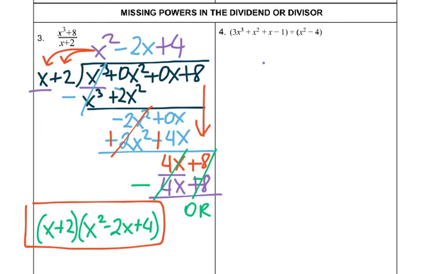Now in example 4, the missing power happened to be in the divisor. So we need to substitute 0 for any missing power. My divisor is x squared. It has a missing x, so we have to put in 0x for it, minus 4.